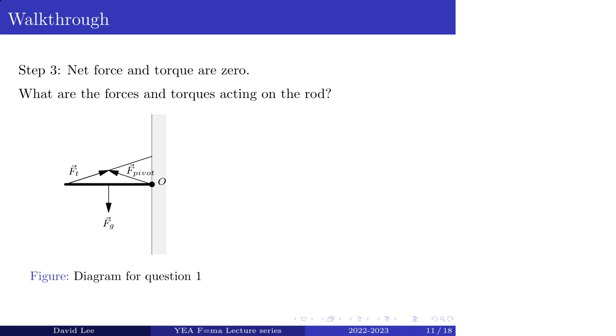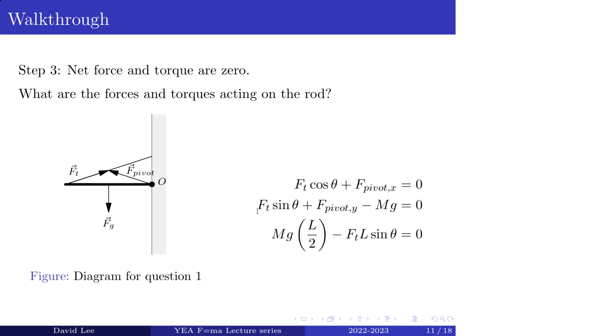So let's split the pivot force into pivot X and pivot Y, and then we can write our F equals ma equations. The first one is just the F equals ma equation in the X direction, the horizontal direction.